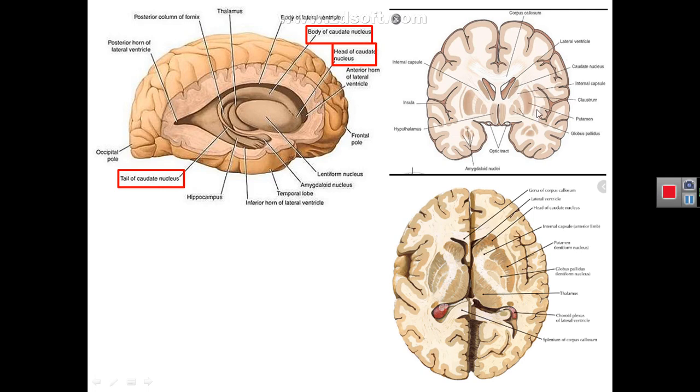The claustrum is an important structure that is mentioned here for the first time to you, lying in between the external capsule and the extreme capsule. The claustrum shows connections with many regions of the brain and cortex and basal ganglia, and because it is connected to many regions, it is regarded as having many functions.